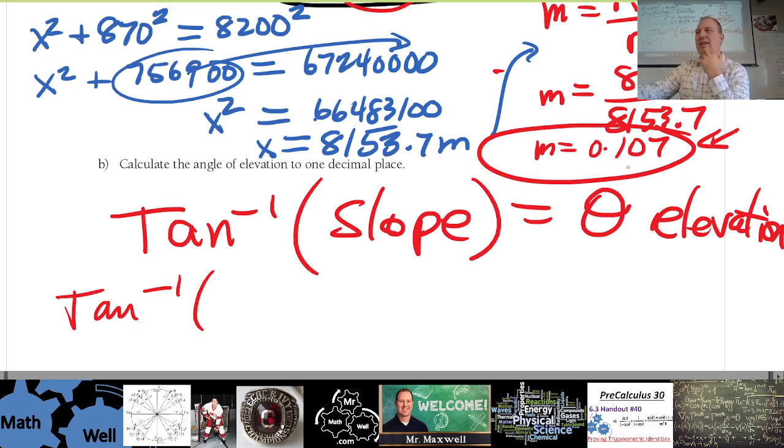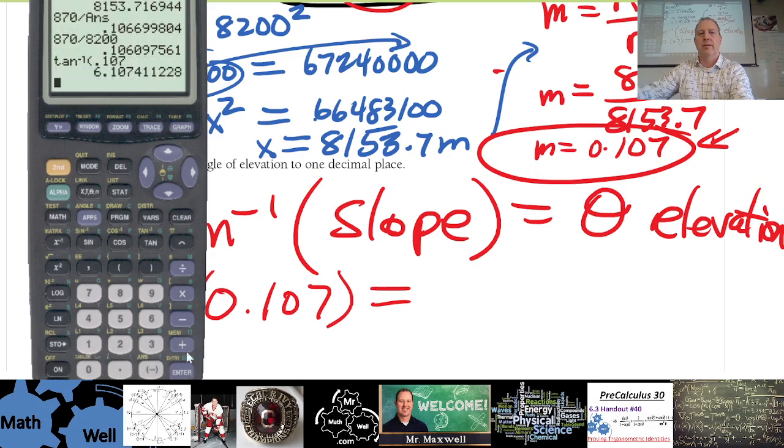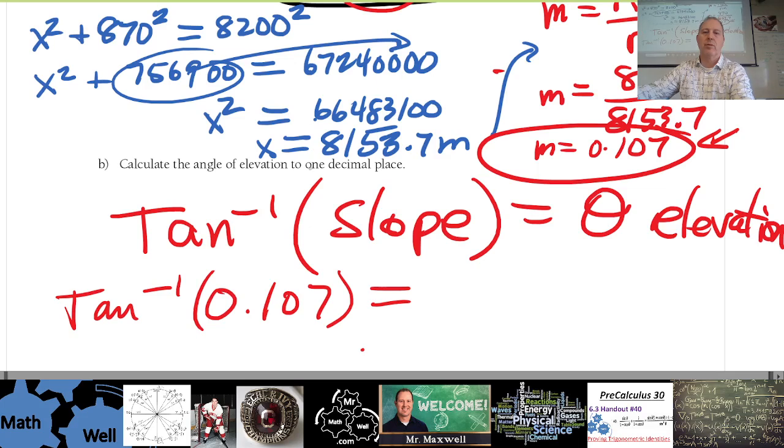Yeah, you can take the rounded version because they asked for the rounded version. So that one is tan to the -1 of 0.107, 6.1 to 1 decimal place, 6.1 degrees.